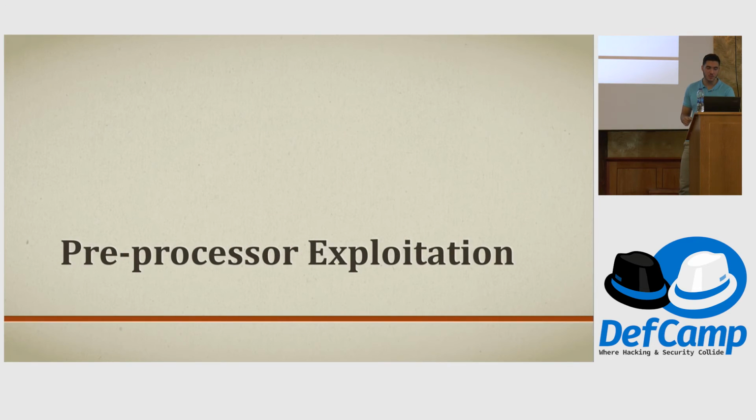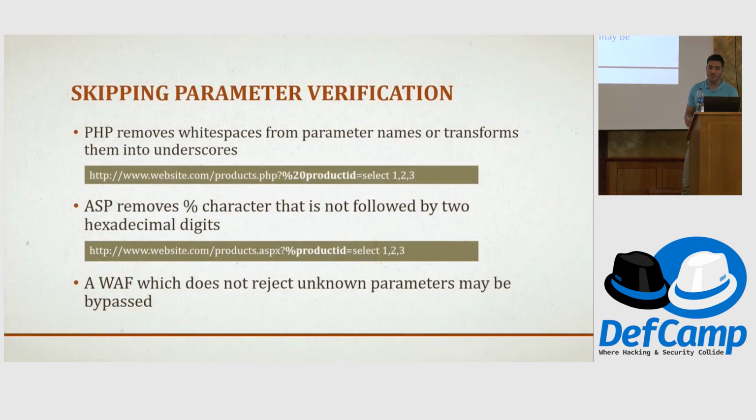So coming to the first category, preprocessor exploitation. One example for this category is skipping parameter verification. Here we try to find an alternative for the parameter name, which is interpreted by the WAF differently. So for instance, we have PHP, which removes white spaces from parameter names or transforms them into underscores.